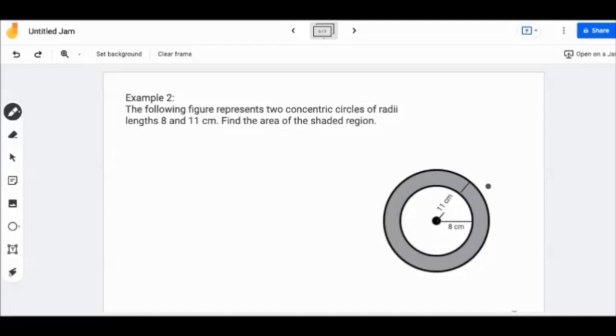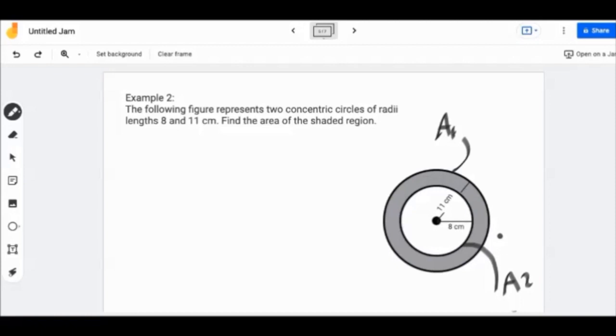As you can see, we have two circles. One of them is big. If we find the area of this circle, and we will call it A1, and we find the area of the small circle, and we call it A2, then we subtract the two areas, we will get the shaded part.